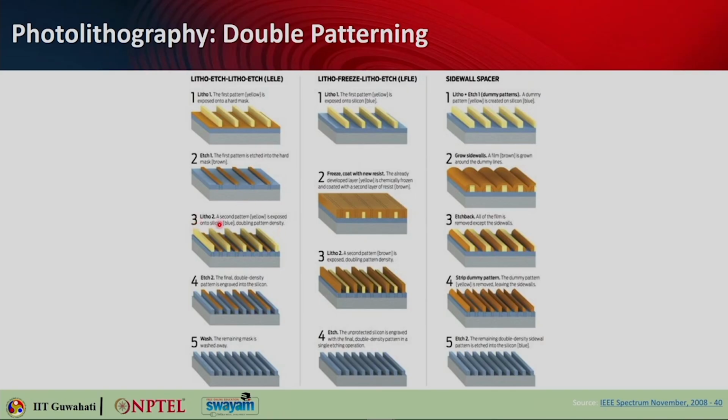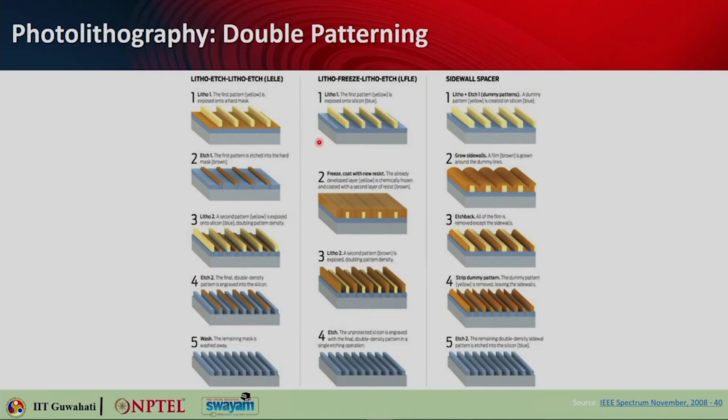And then after this litho, you again do etching. The final double density pattern is then etched into the substrate, as you can see here. The remaining mask can be washed away, and you get this double patterned array. So, this particular technique is called the litho etch technique or LELE technique.